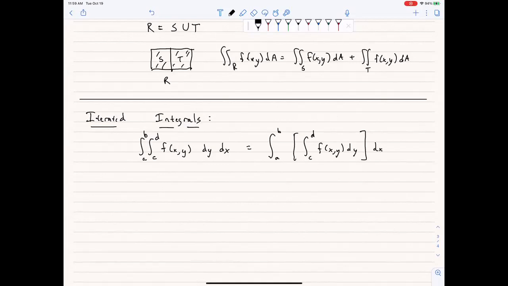You also have a choice in which order you want to do this. In other words, for a double integral, you can write it in one of two ways. And indeed, they're very different as far as practically what you're computing, although, as we'll see in a moment, you might get the same result.